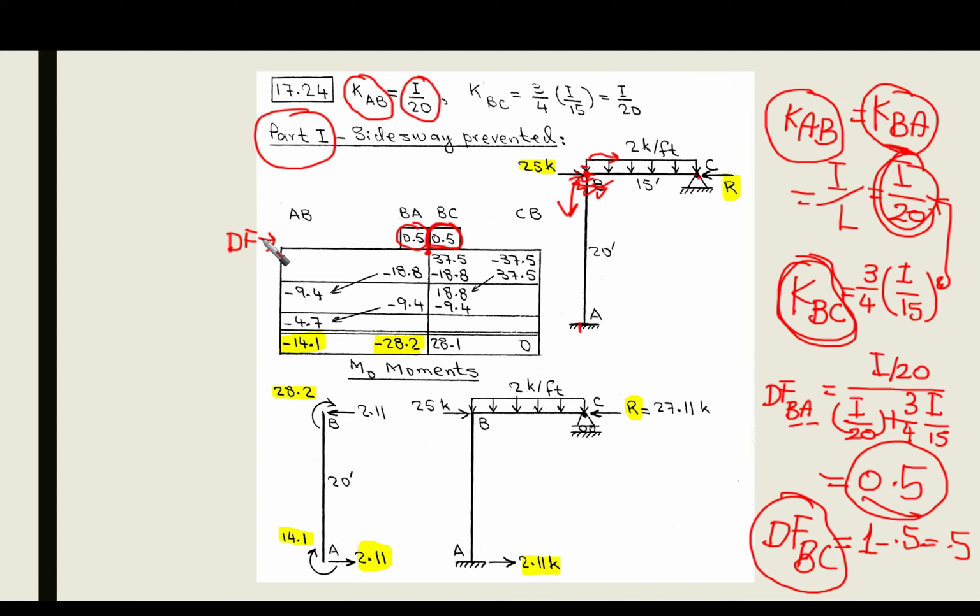This is the first case, the distribution factors at point B: 0.5 and 0.5.